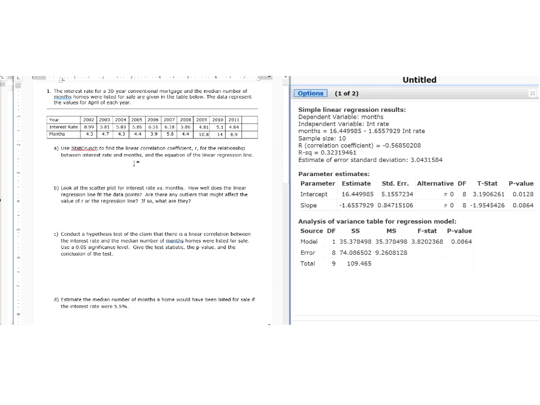So I've got the linear correlation coefficient, so my R is negative 0.569 if I'm rounding it to 3 decimal places.